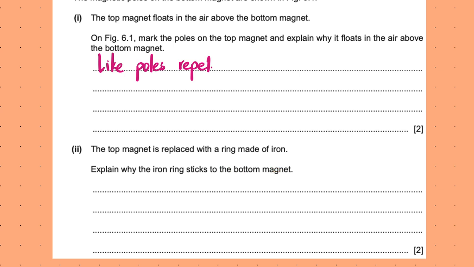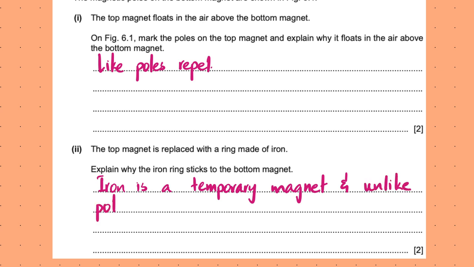So I'll just say this, that iron is a temporary magnet, and poles will be induced, or I can say unlike poles will be induced, because I know it's induced magnetism, because I know it's always attractive, and unlike poles will be induced such that the magnet attracts the iron.